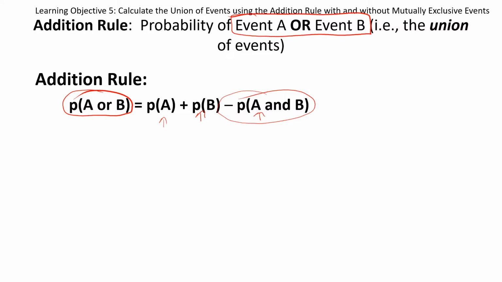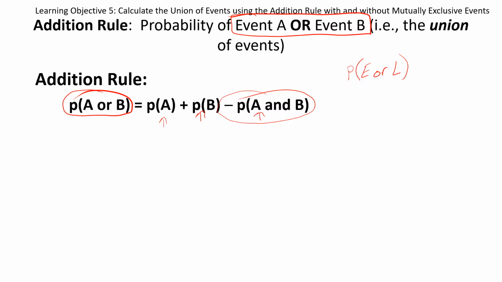It's pretty obvious if we're seeing A or B. Let's say, what's the probability of drawing a heart or a 10 from the deck? Or my example from earlier, what's the probability of rolling an even or a low number?